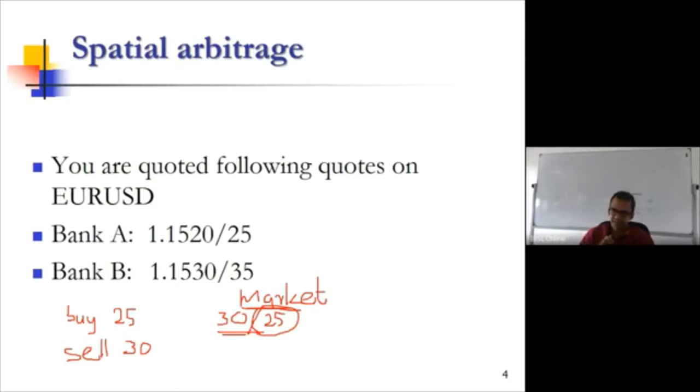Is it clear? If you go back to our FX1 handout, there was a screenshot of an electronic trading platform. Go and see whether you can buy from one bank and sell to another bank at a profit at the same time, based on the given quotes.